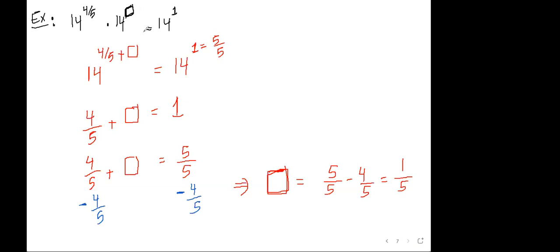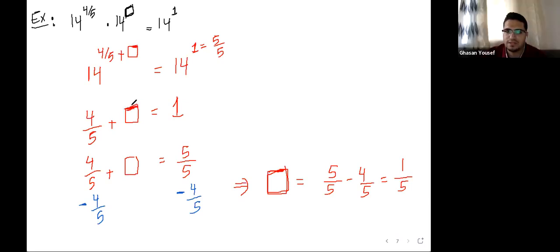You can say 4 over 5 plus x gives you 1, so you can solve for x, and that gives x equals 1/5. Exactly, nice. You can solve it as an equation. Instead of this box, I just put x or y or any variable, and you solve it like a simple equation.